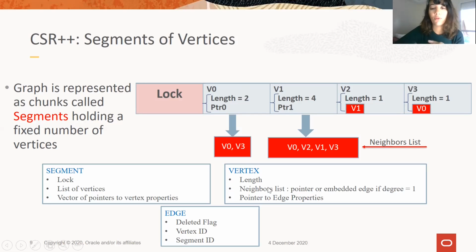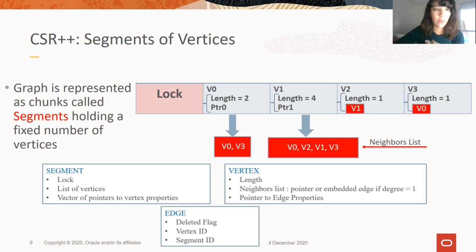Here we have a union struct, meaning that if the length is greater than 1, we have a pointer to the edge list. But if the length is equal to 1, as I said before, we inline the edge, embed it in the segment structure, and store it there instead of the pointer.